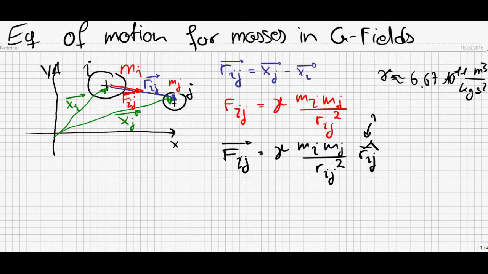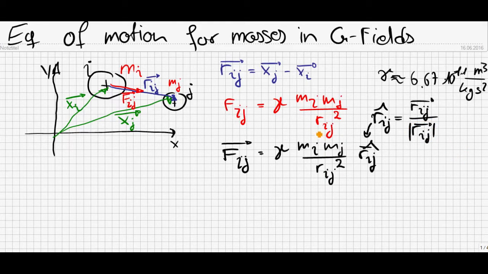Now, rij hat, the unit vector pointing in the direction of rij, can be written as rij vector over rij absolute value. And of course, rij absolute value is just rij, as I wrote it up here.